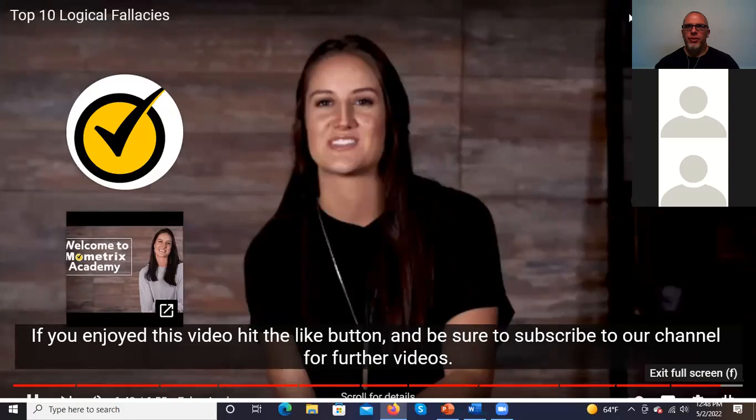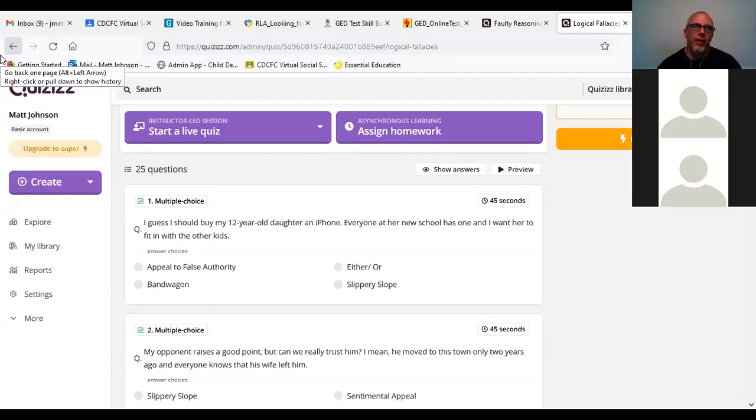So of course, we'll see some of those more than others, right? Bandwagon appeal, appeals to emotion, circular logic, possibility. False dichotomy you might see, but it's probably unlikely that you'll see a lot of those. Certainly the ones we've hammered on here, like emotional appeal and false analogies, are a possibility.